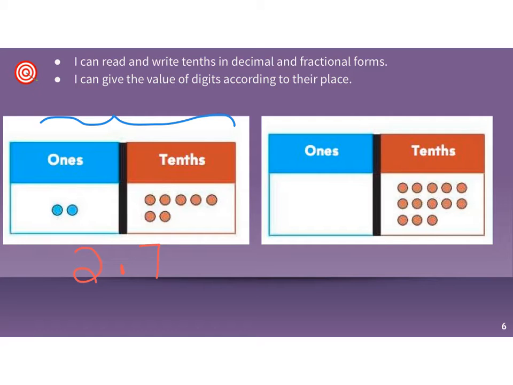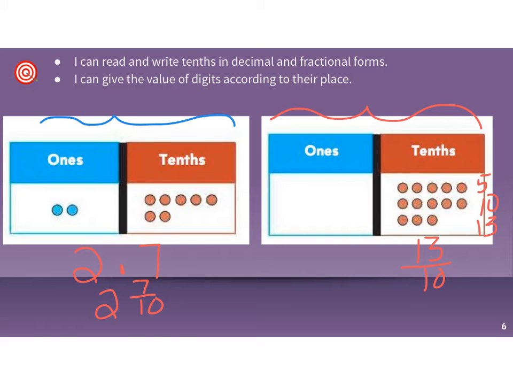So I would write that 2.7 or 2 and 7/10. Now over here, I'm counting up, let's see, 5, 10, 13. I've got 13/10. Now, how would I write that as a decimal?